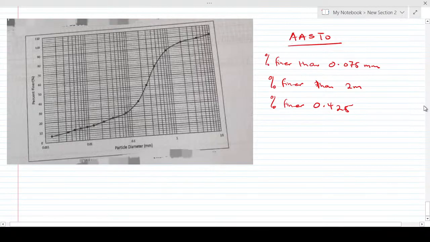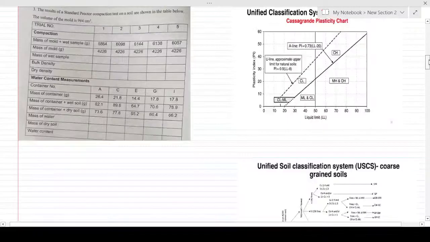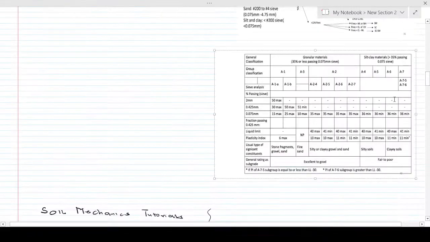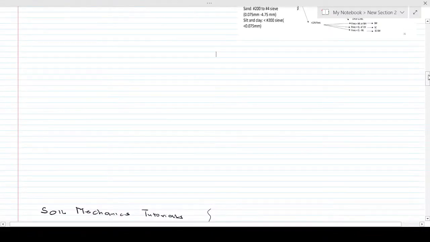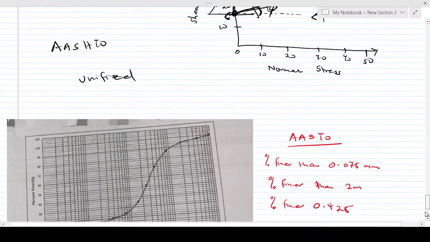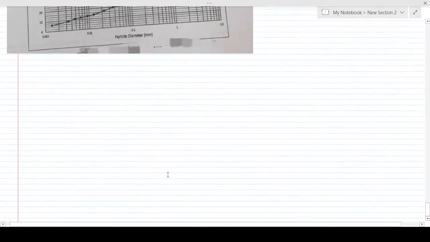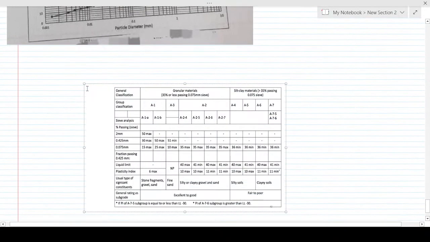So let me just show you how the AASHTO classification table looks. This is how the AASHTO classification scheme looks.